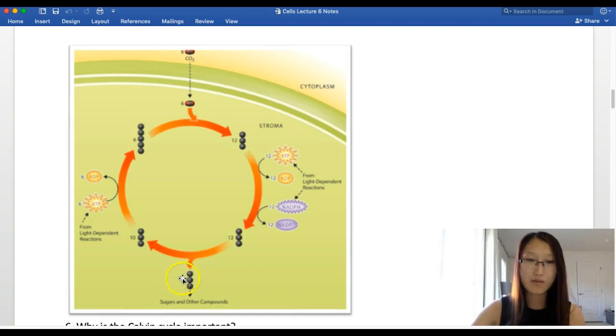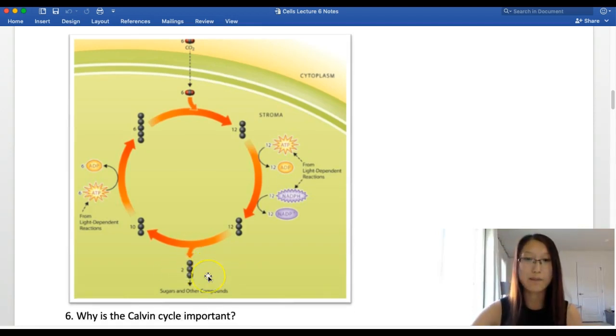However, it says right here, when you first come out of the Calvin cycle, you have a 3 carbon compound. So right here is a 3 carbon compound, but you can make 2 of those. So if you're putting in 6 carbon dioxide, you can make 2 of the 3 carbon compound, so that's also 6 carbons. So what you need to remember is that however many carbons you put into the Calvin cycle, that's however many carbons you can get out, okay?